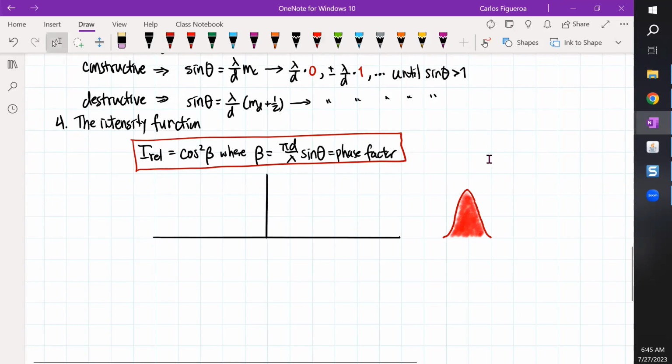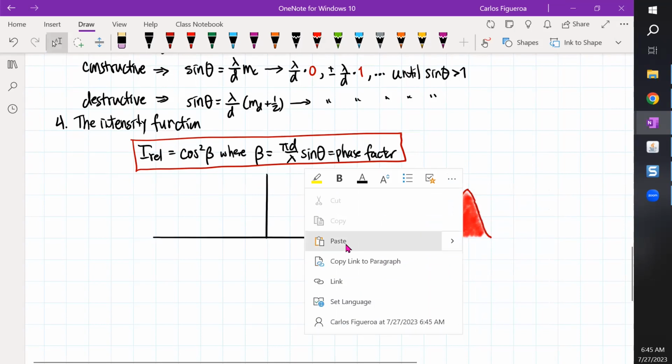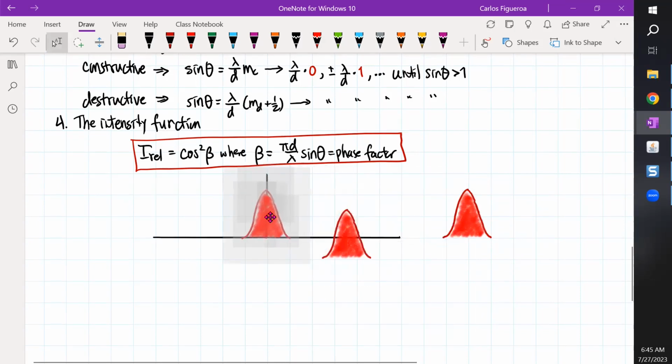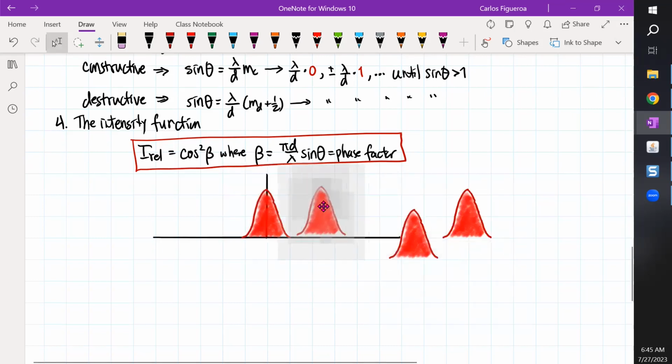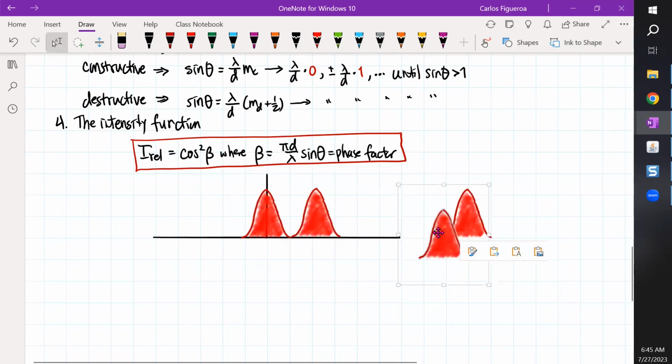Now let me copy this and I'll start my pattern. The key thing with this pattern is that all of the intensities have the same height. They all have the same value.